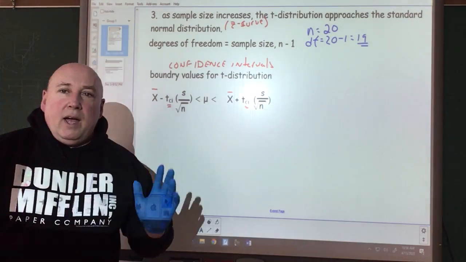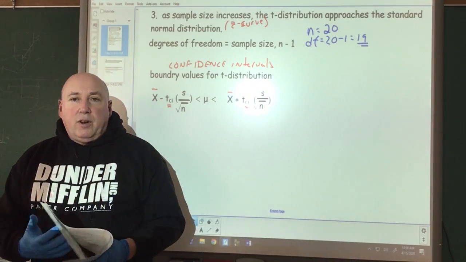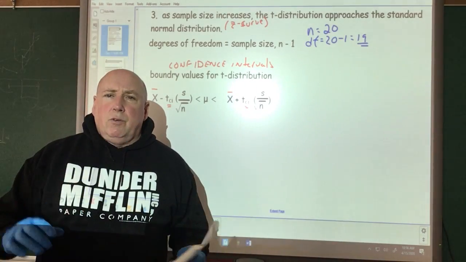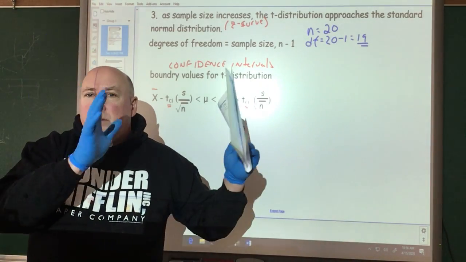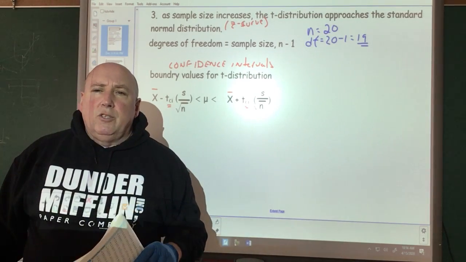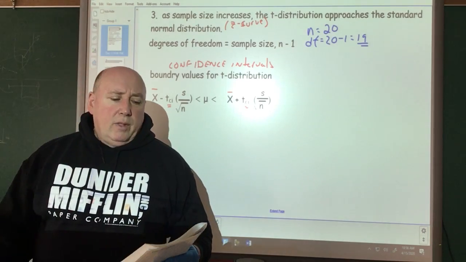Now hopefully you have your t-distribution table printed out. If not, you're just going to have to do a split screen, not minimize, but shrink it down so you see the video and also have the t-distribution table sitting there on the other half of the screen so you can look at both of them.